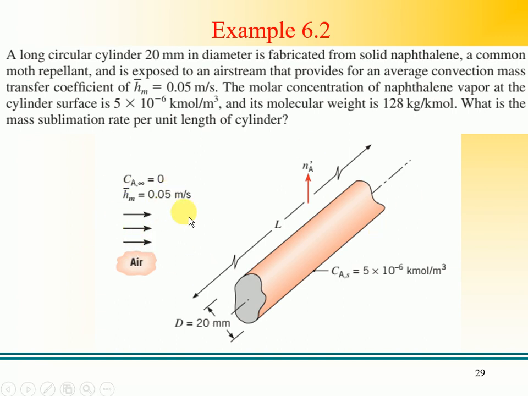Species A is naphthalene and species B is air. Naphthalene is basically a sublimate, used as a moth repellent, a spray we use for killing insects. So what is the mass sublimated per unit length of this cylinder?